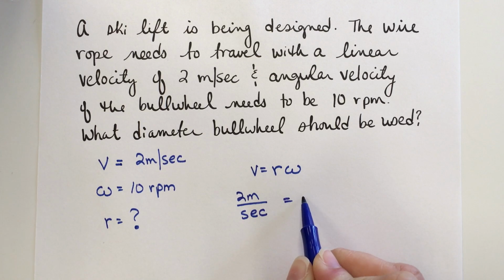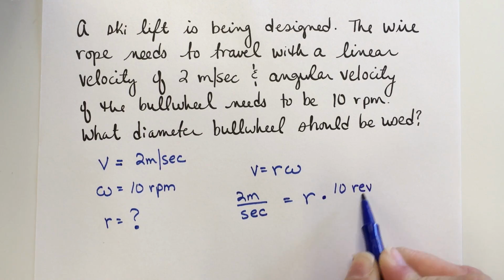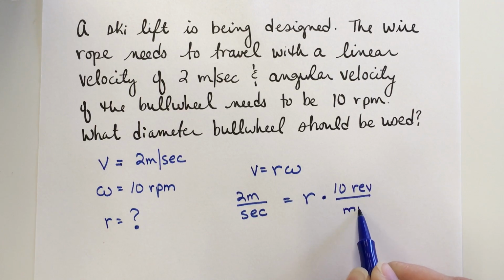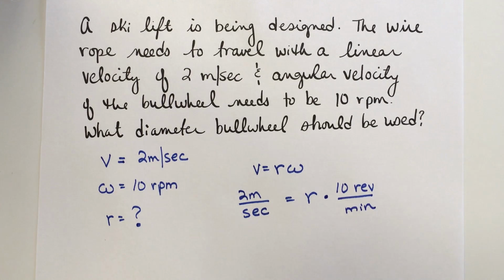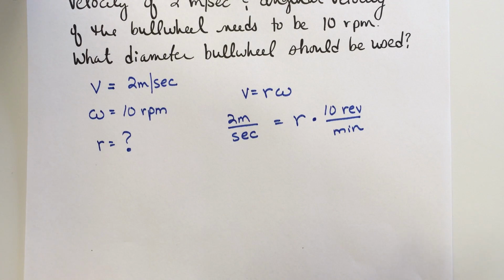And that's equal to R times, of course, omega is 10 revolutions per minute. Actually, I think what I'm going to do right here, and like I said, there's more than one way to deal with this, I'm going to go ahead and get R on one side by itself before I start bothering with any conversions.